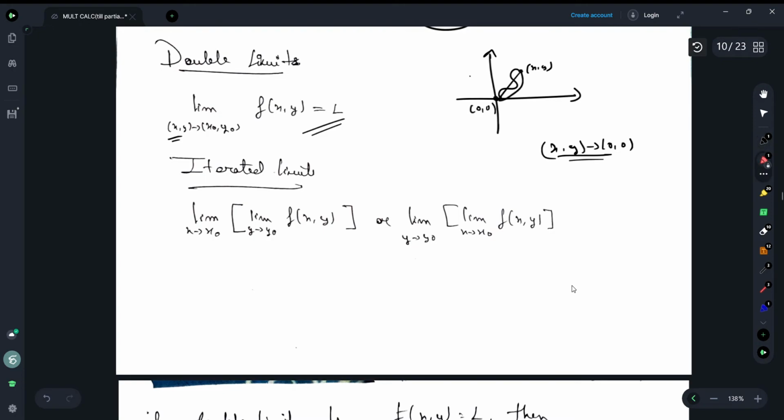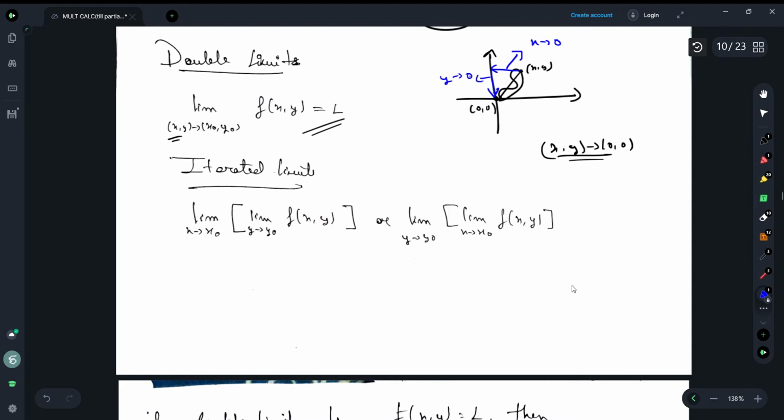But what more can we do? Suppose I first make this point reach the y-axis. Approaching the y-axis means we are tending x towards 0, and then along the y-axis we try to reach the origin, that is, y tends to 0. Is it clear?